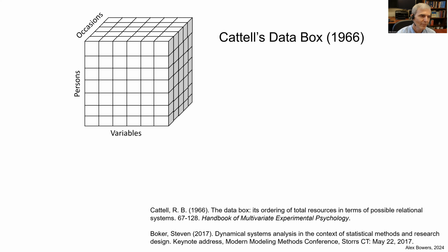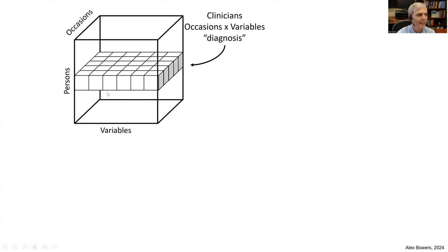So you can have variables on one axis, persons on another, and then occasions on the third. And if we take different slices of the data box, the way Cattell liked to think about this is that if we look at just one person, but over multiple variables and many occasions, well, this is what clinicians like to think of as a diagnosis.